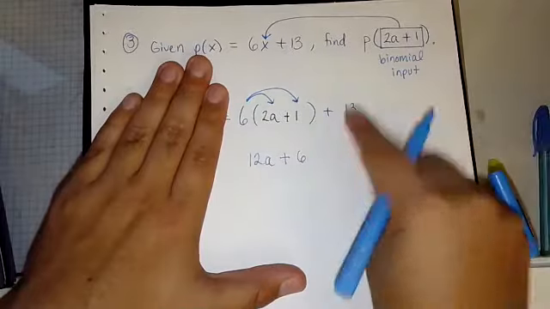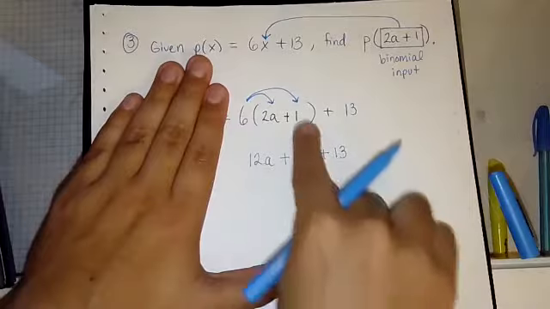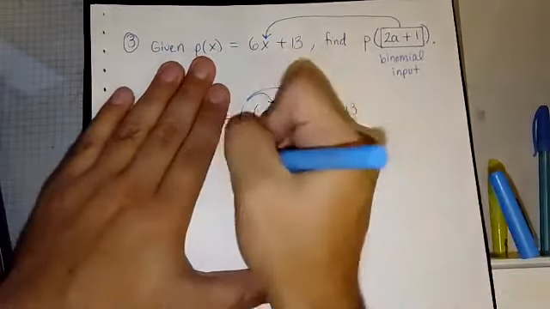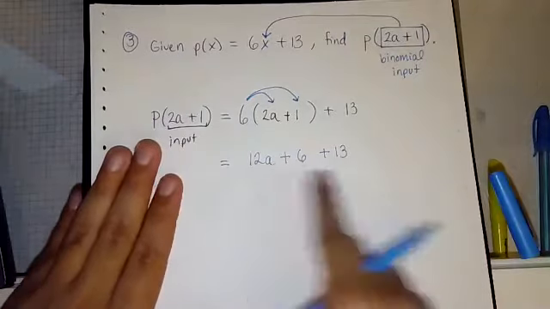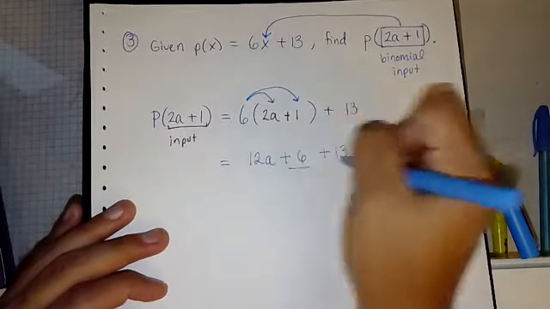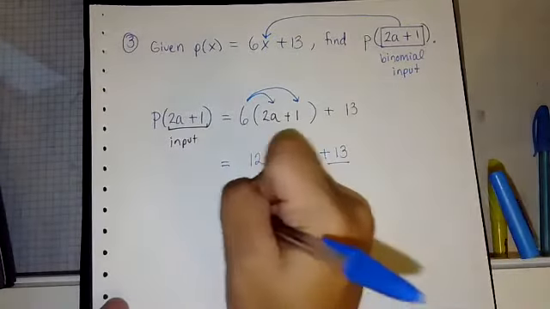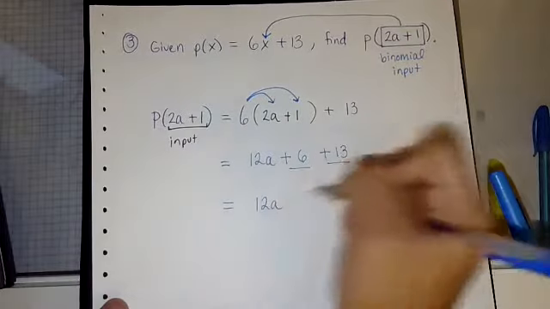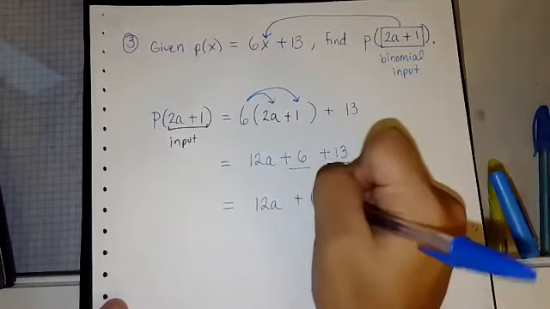And then we can just bring the 13 down. Remember, once you distribute, you don't need the parentheses anymore. But now we want to simplify this expression, and we can combine this term and this term. So our final answer should be 12a, and then 6 plus 13 should be 19.